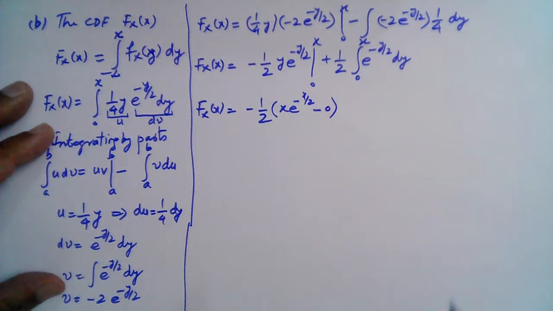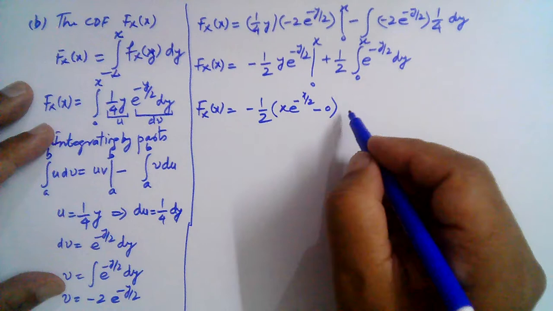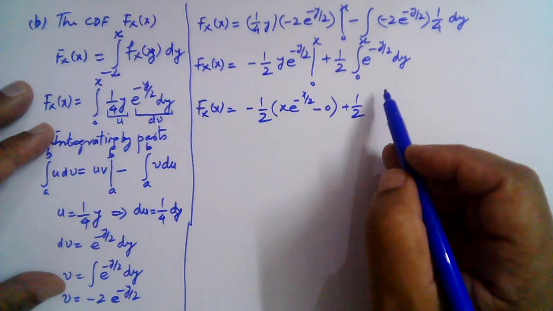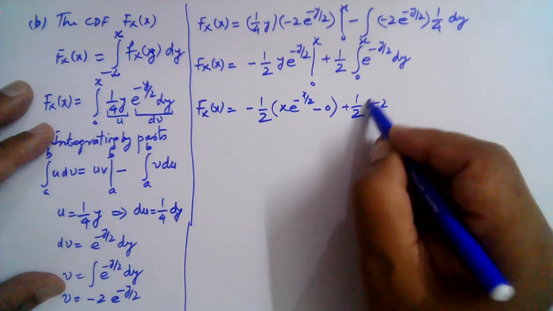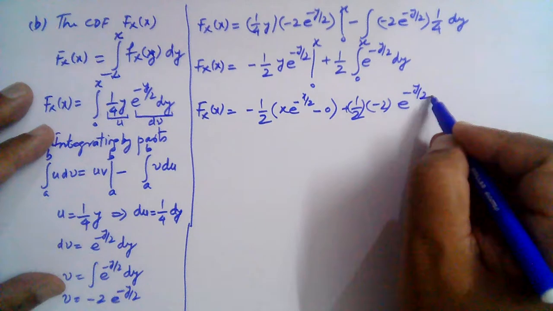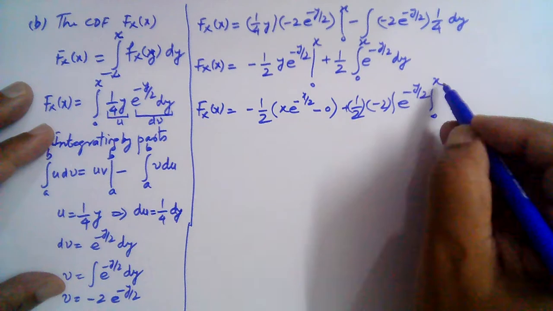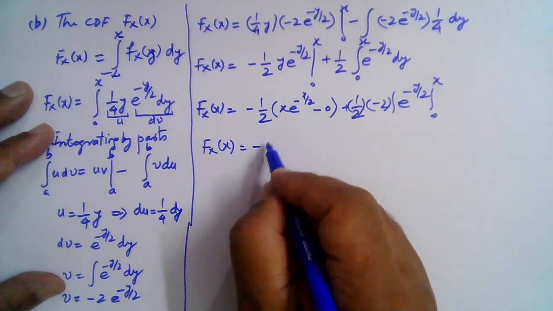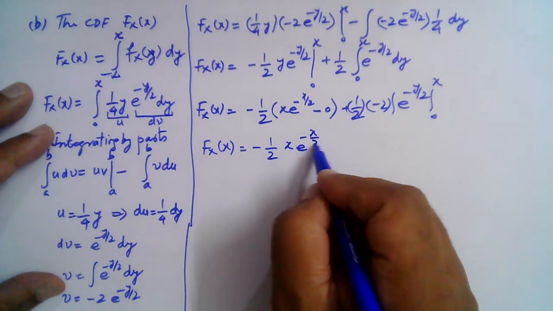And when we evaluate this integral, this is plus 1 over 2, and this e to the power minus y over 2 integrates to minus 2 e to the power minus y over 2, right? And the limits are again 0 to x. So F_X(x) is equal to minus 1 over 2 x e to the power minus x over 2, right?